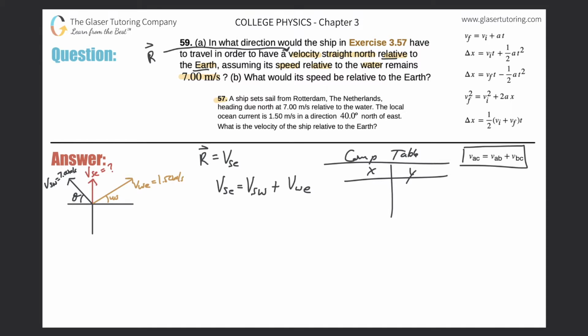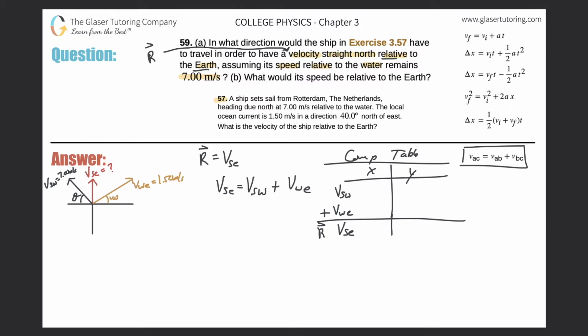So let me plug in here. The velocity of the ship relative to the water, the velocity of the water relative to the Earth, and when I add those two together, according to my formula, I should get the resultant vector, which in this case is the velocity of the ship relative to the Earth.